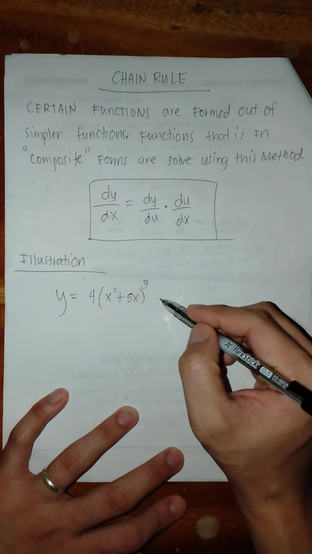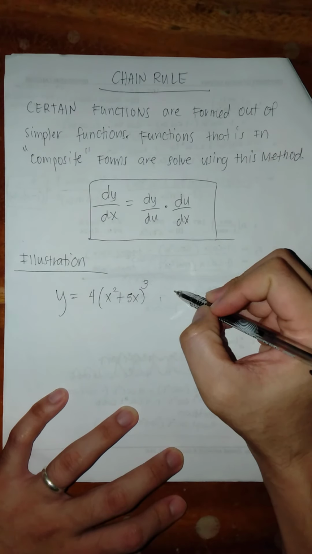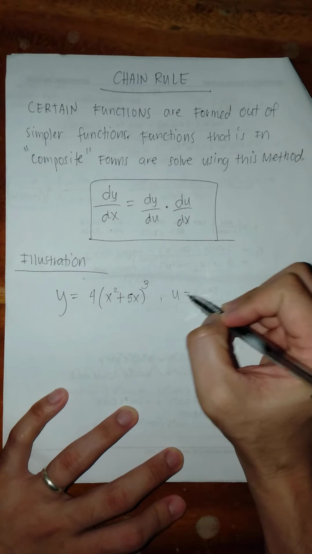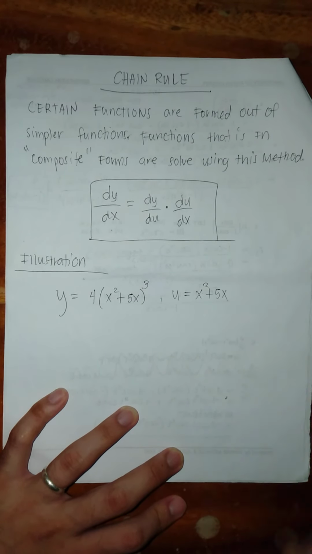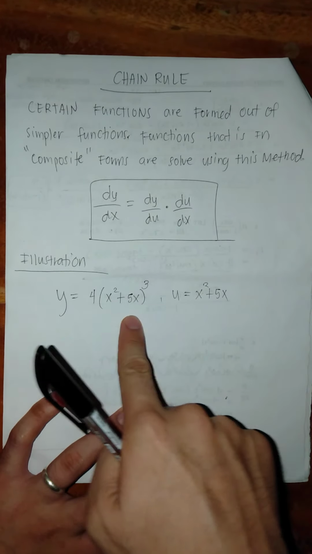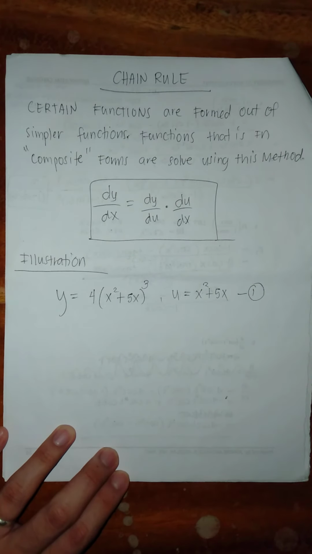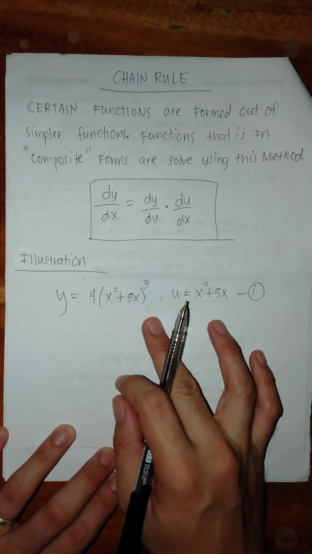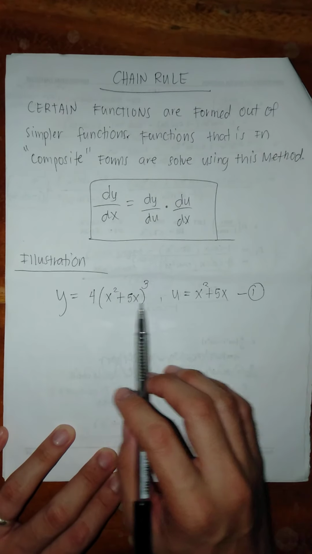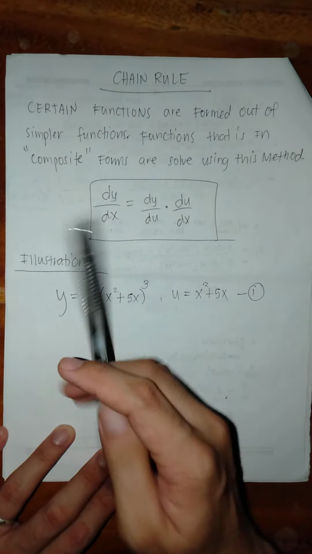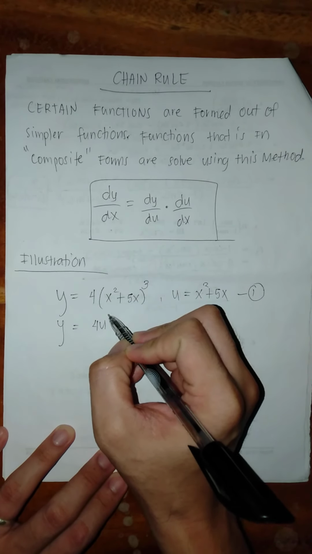Identify natin, paano ko nasabi na ito ay composite? Let's say, we let u equal x squared plus 5x. This is your first function, label natin as 1. Papalitan mo ngayon ng u, so it becomes y equals 4u cubed.